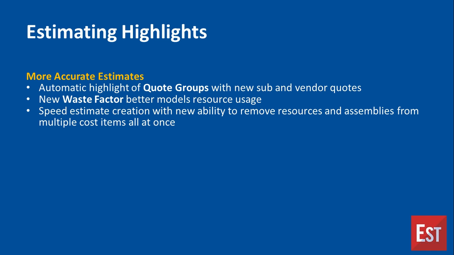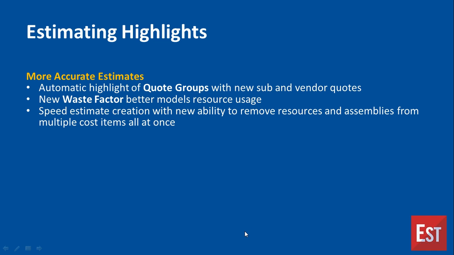First thing on that list, in the highlighted list here, is the automatic highlighting of quote groups with new sub and vendor quotes. So during bid closeout, we now make it easy to see which groups have changed because of new updates coming into the system from subs and vendors. That helps you to make more accurate estimates by incorporating that latest information into your estimates.